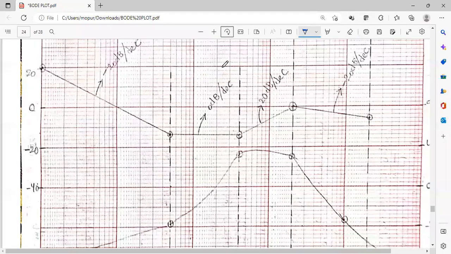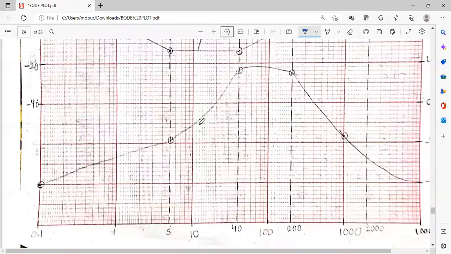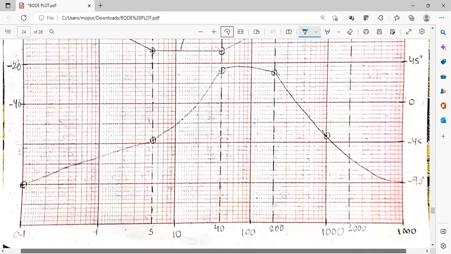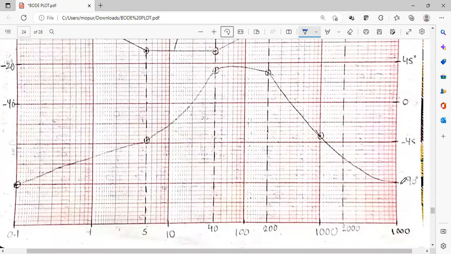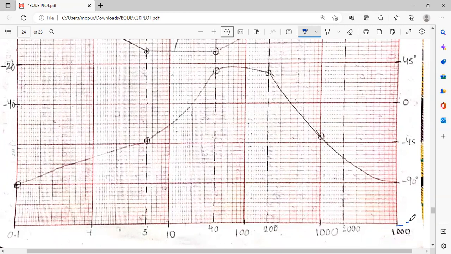You may get a phase angle plot which is not touching minus 180 degree somewhere. If you see here, the phase angle plot is not at all touching minus 180 degree. It is just in between plus 45 to minus 90.